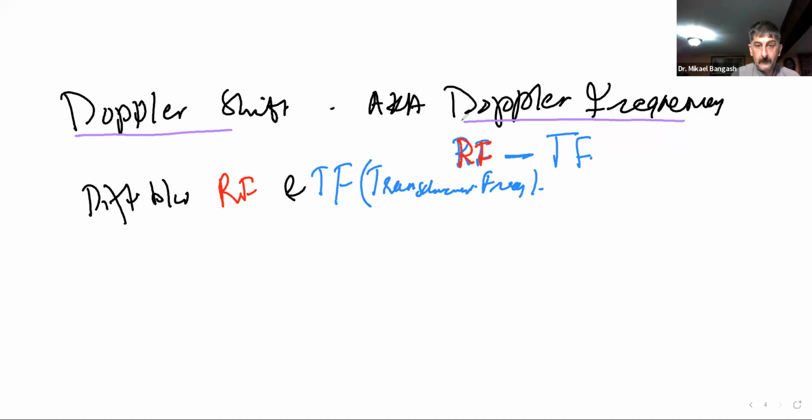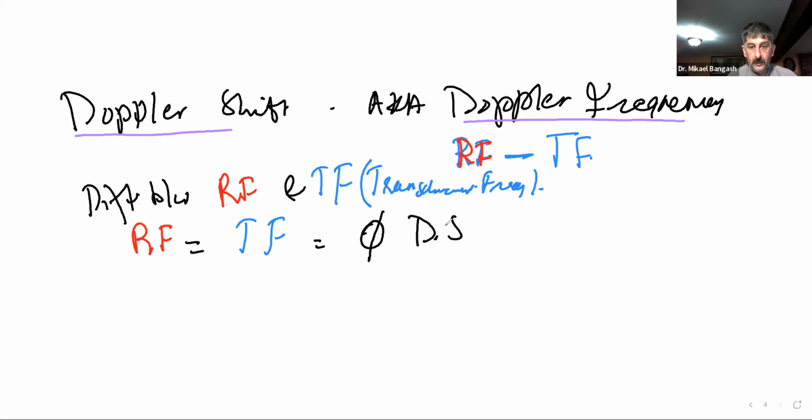We can say that if the reflected frequency was equal to the transmitted frequency, right? What that is going to lead to is zero Doppler shift, or what we can also call Doppler frequency.